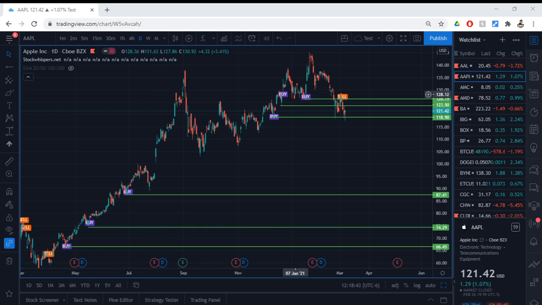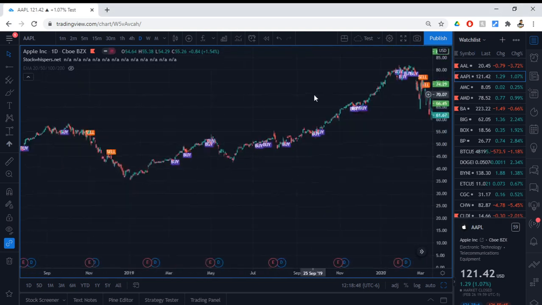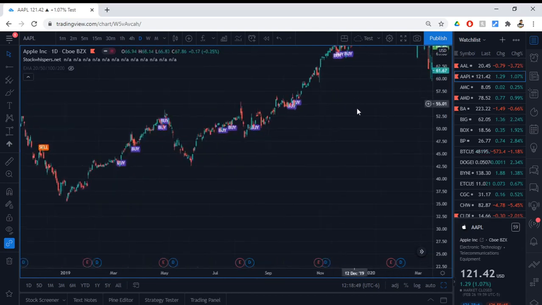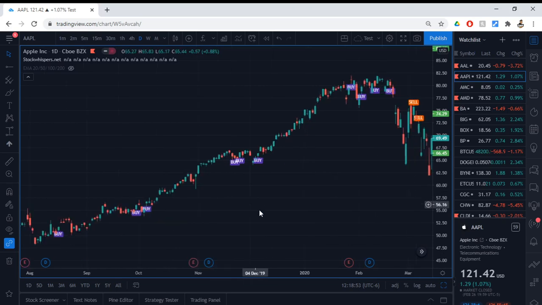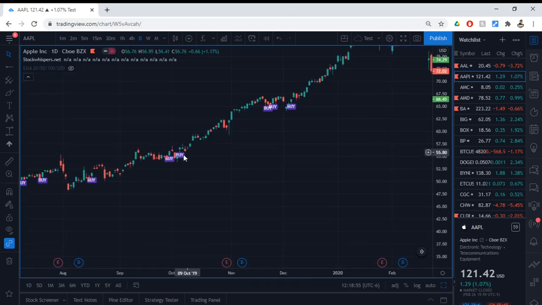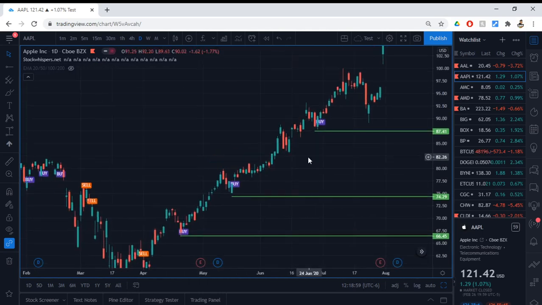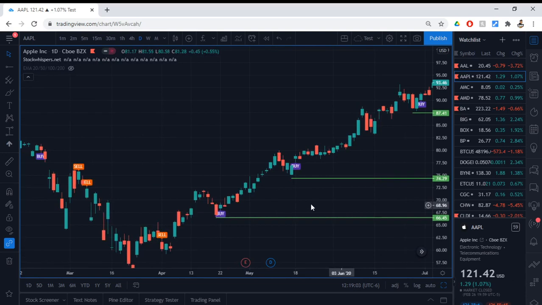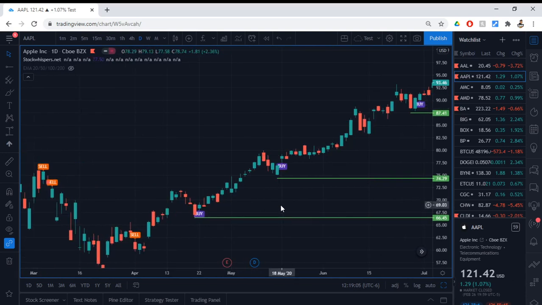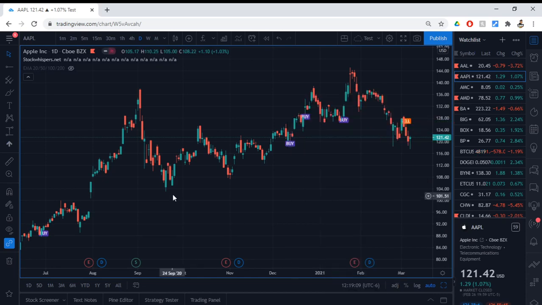Seeing as these strategies don't identify pennants and stuff like that, the only thing they identify is entry points. If you find one inside of a pennant, so okay, this one looks like it.